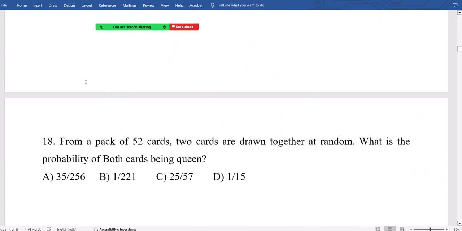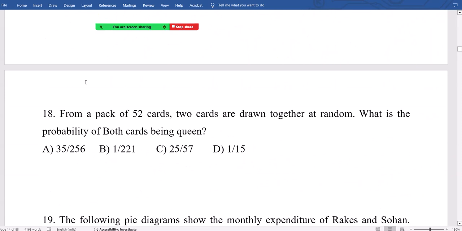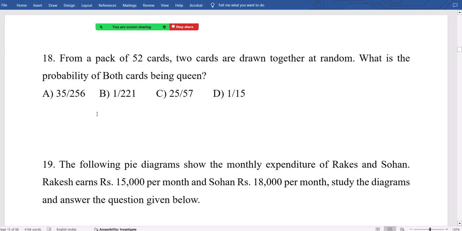See this 18th question now. Two cards are drawn together.